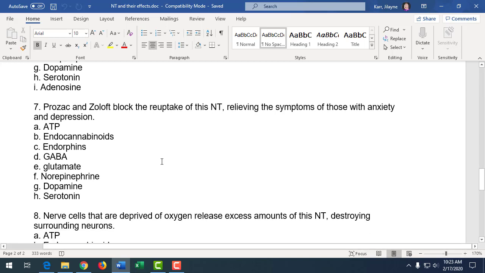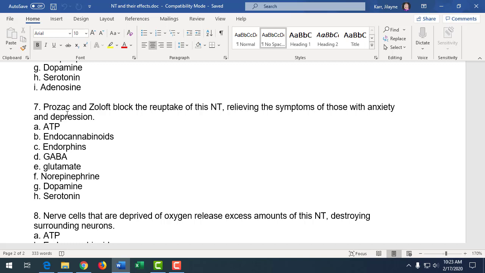Prozac and Zoloft. So Prozac is that fluoxetine? And Zoloft is the generic, what is it? Sertraline, thank you. So those are very, very common antidepressant, anti-anxiety medicines, and they block the reuptake of this neurotransmitter. So your brain releases it, and it hangs out in the synaptic cleft to become available to help stimulate the brain.